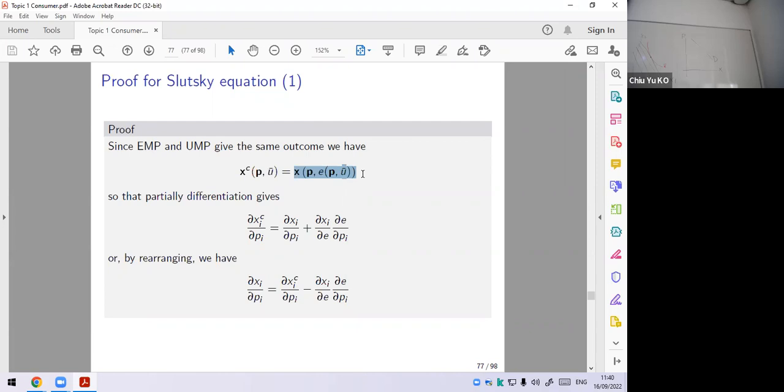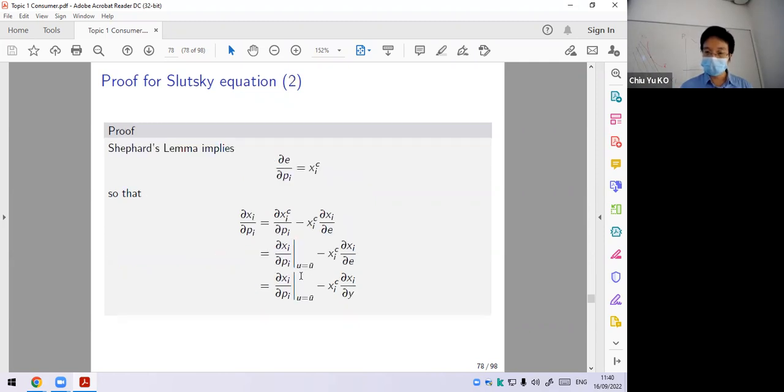Now it's very simple. You just flip this to the other side. Then the price effect is equal to the Hicksian thing plus the income effect. The rest is already there, so try to see if we can rewrite this part nicely. It's almost there.